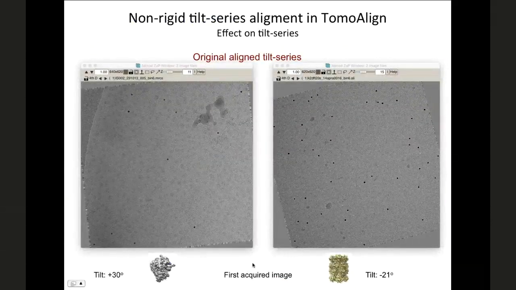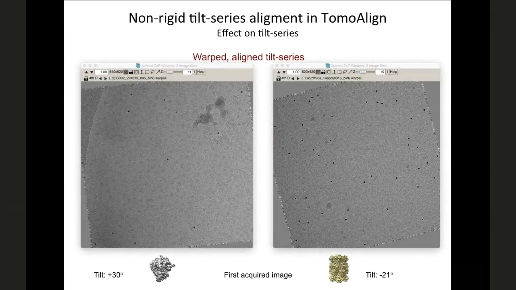These are the first acquired image from the aligned tilt series with IMOD, ribosomes and proteasome. And now let's see the effect of the warping. You see, the effect is more significant near the edges of the images. Original, warped, original, warped, original, warped.